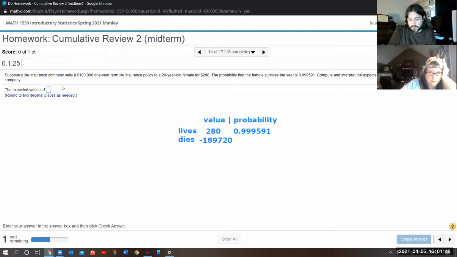No. It's the complement rule, right? If the odds of her living are that, the odds of her dying will just be 1 minus that, whatever's left over. So 1 minus 0.999591.